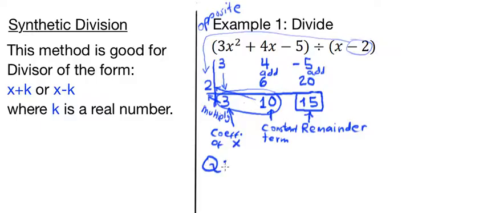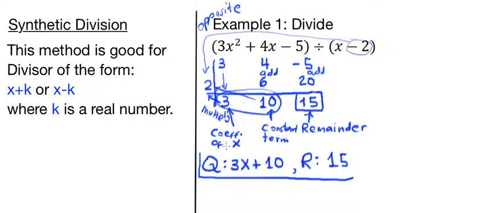Quotient Q will be 3x plus the constant term 10, and the remainder should be just the number 15. So there we have the answer. Three x plus 10, quotient, remainder 15.